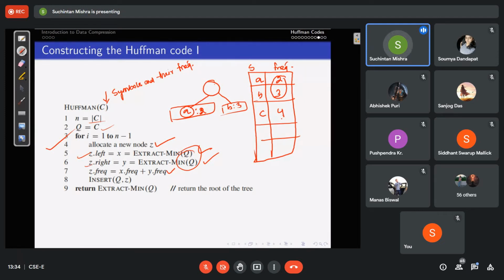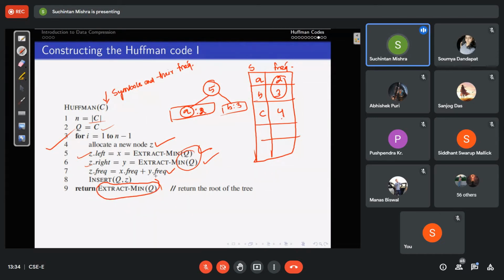So this is 2 plus 3. The frequency of the new node will now become 5. Again, this process will be repeated, and finally we will just return the root of the tree.